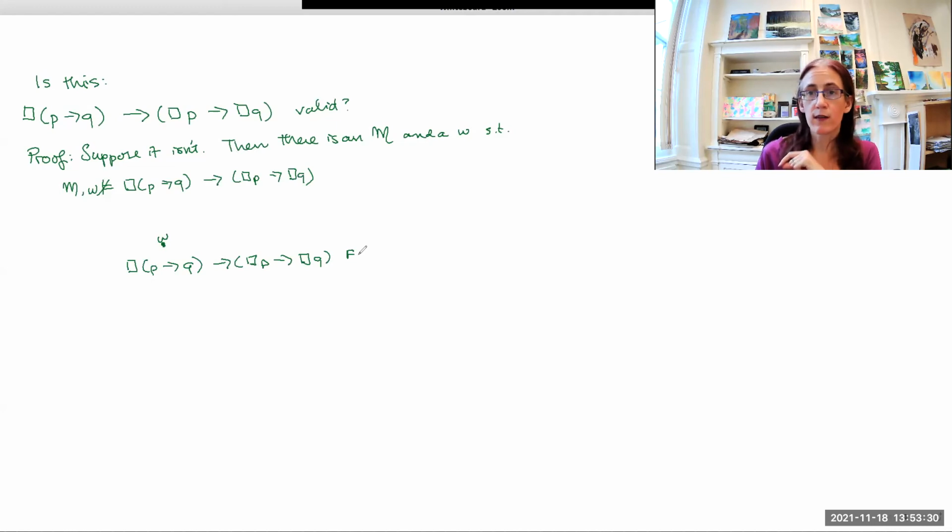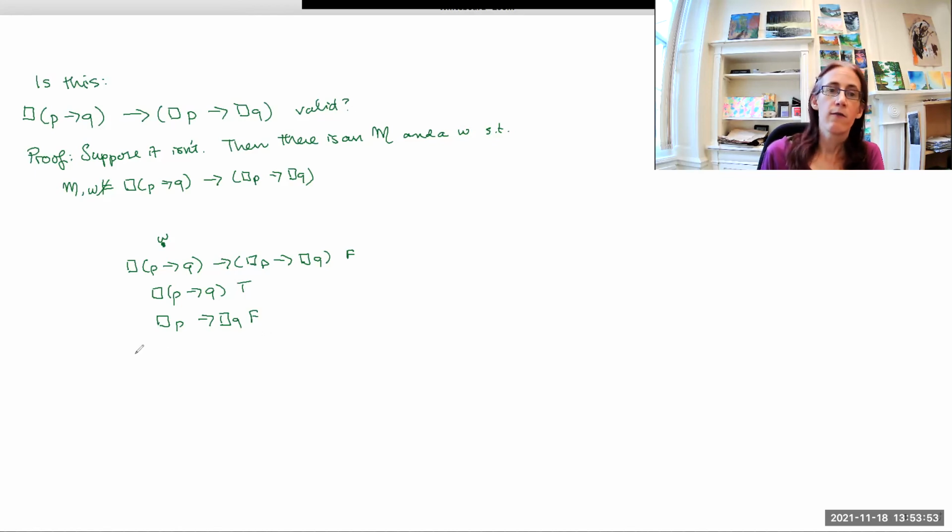What would this world have to look like? Well, this formula is a conditional. There's only one way for a conditional to be false. That is when the antecedent is true and the consequent is false. Now, this third formula here is also a conditional and it's also false.